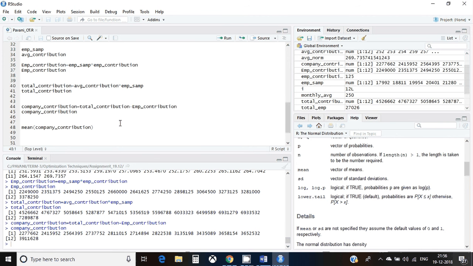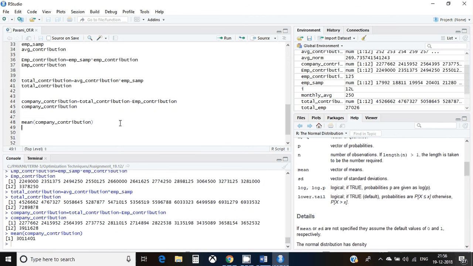Next, we find the average of the company contribution, which is given by mean of company contribution. The value shows to be 3011401. So this is the average company contribution which the company needs to go for the coming year.